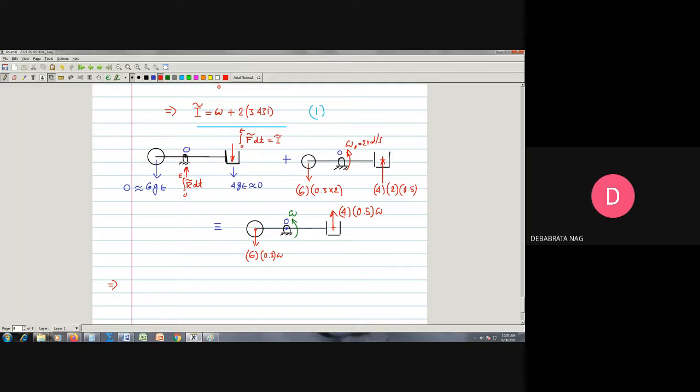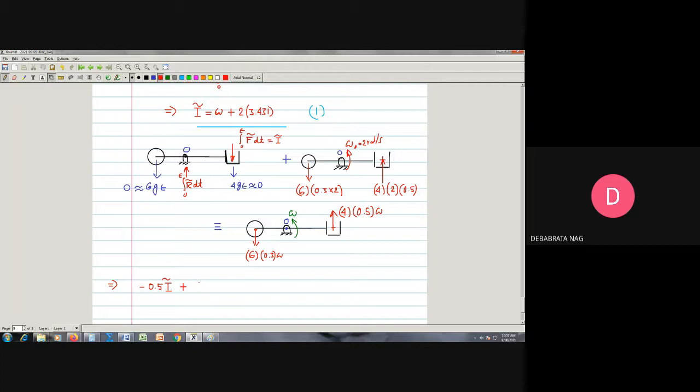Correct? So as a result, I can write minus, because the moment of the linear impulse, which is basically the angular impulse, is in the negative direction because it is clockwise. This red vector is downward. So this distance is 0.5. So I can say minus 0.5 I tilde, plus, taking the anti-clockwise direction as plus, so everything else will be plus.